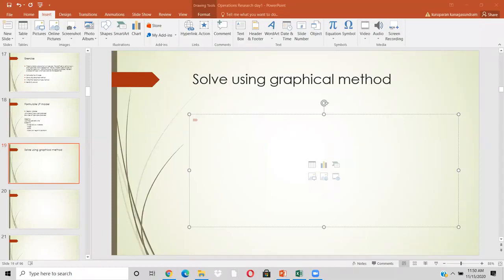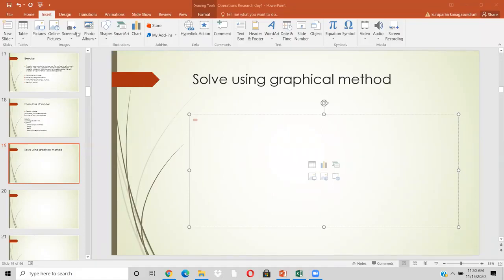How are you saying this problem can be solved using graphical method? Since it's given as a linear programming model, we can do it. Or is there anything else? Because there are two variables only.